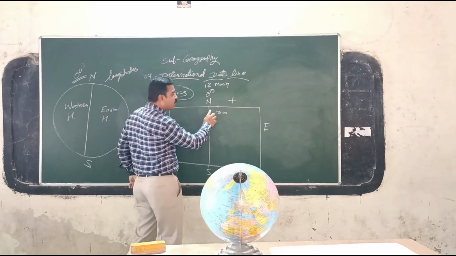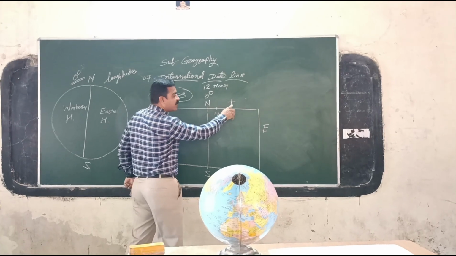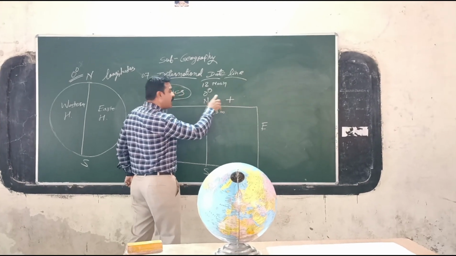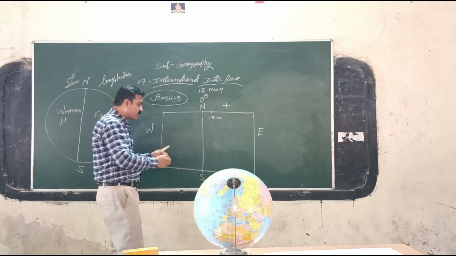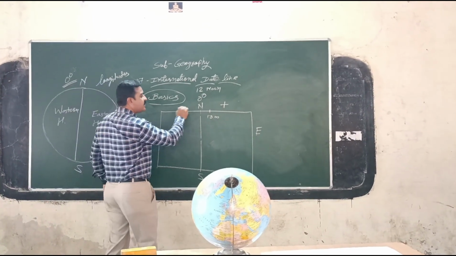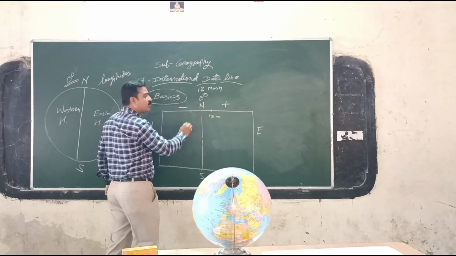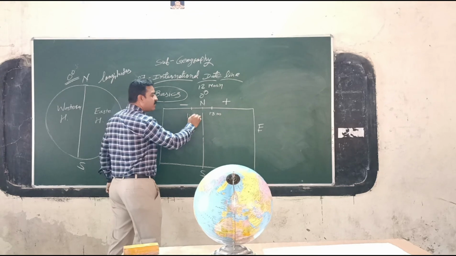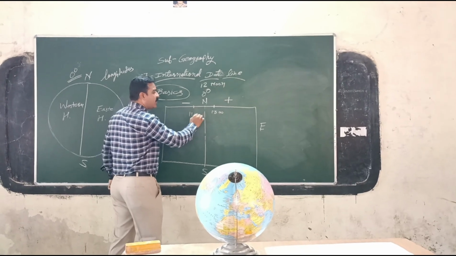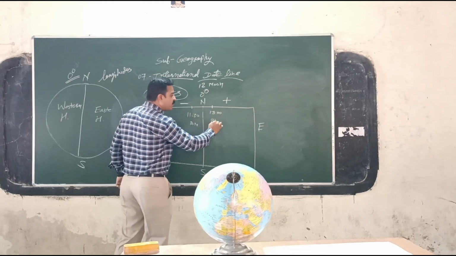So whenever we are going to the eastern side of the prime meridian, then we need to increase the timing. And when we are going to the western direction, then we need to decrease the time. Suppose if 12 noon is over there, then just over here it will be 1100 hours. That is 11, this is AM, and this will be PM.